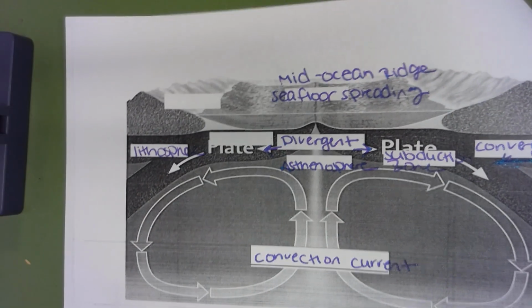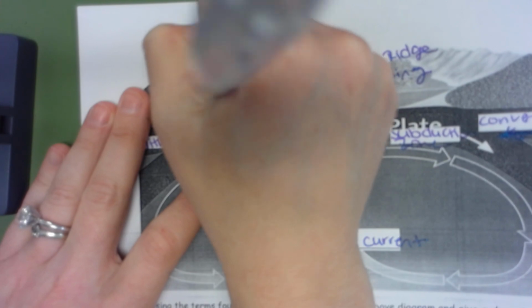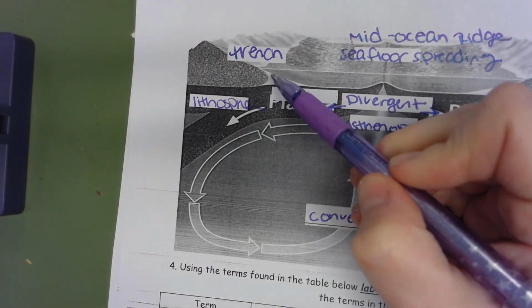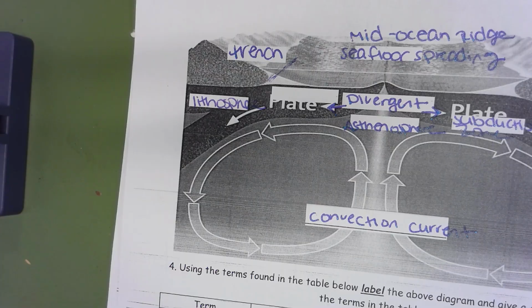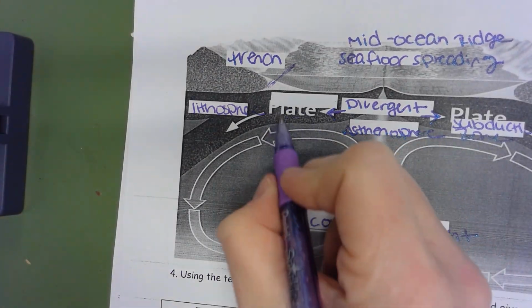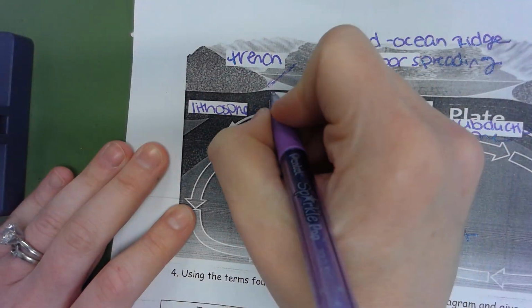We're going to say that this is a trench here, because that's kind of like this area here is the trench. And this is an oceanic plate because it's super dense.